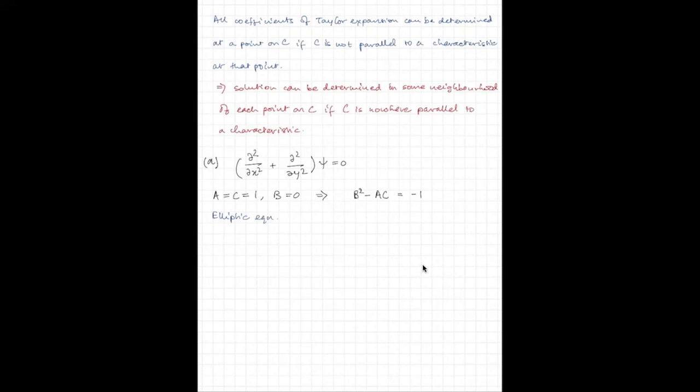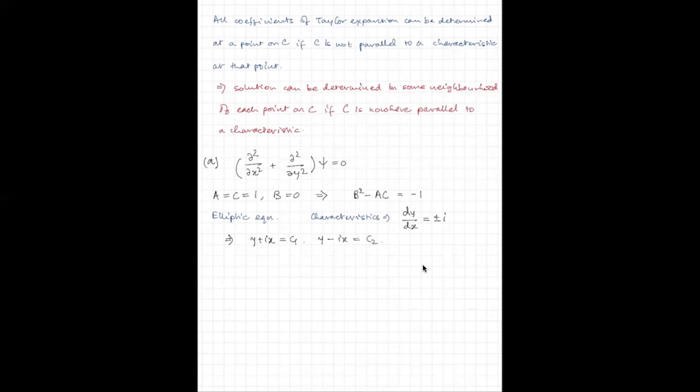The equations for the characteristics are simply dy/dx is equal to plus minus i, which essentially means that y plus ix is equal to some c1 and y minus ix is equal to some c2. So these are formal equations.